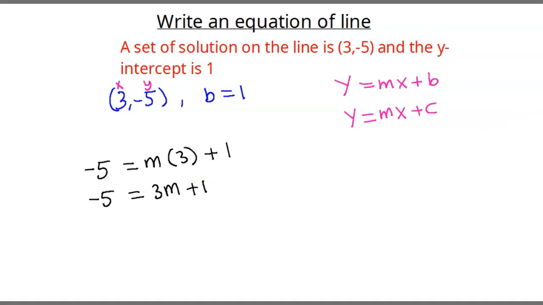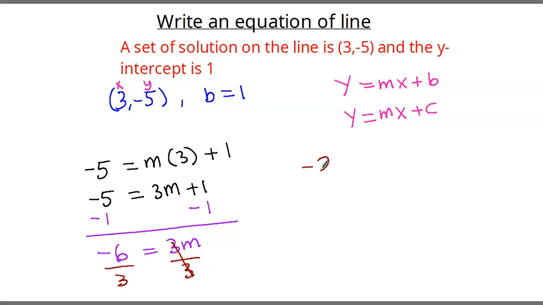We want to solve for m. We subtract 1 here and repeat the same thing on the other side to get -6 = 3m. Since m is being multiplied by 3, we divide by 3 on both sides. The 3s go away, and -6 divided by 3 gives us -2 = m. We can swap it, and that becomes m = -2.